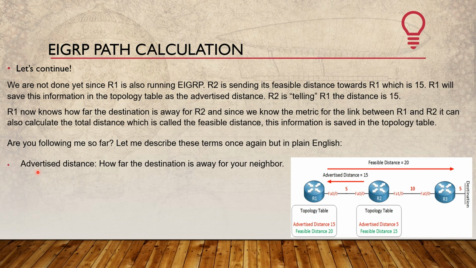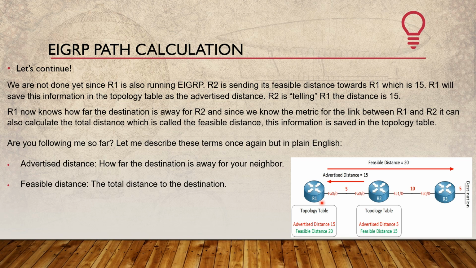Now let us put it in plain English. The advertised distance is how far the destination is from your neighbor. This is for R1; R2 is my neighbor. How far is the destination from your neighbor? 15. That's the advertised distance for R1.